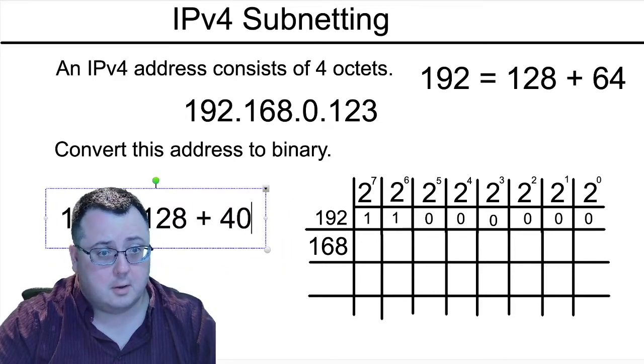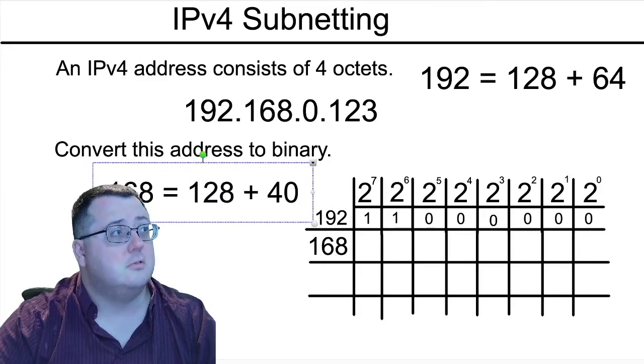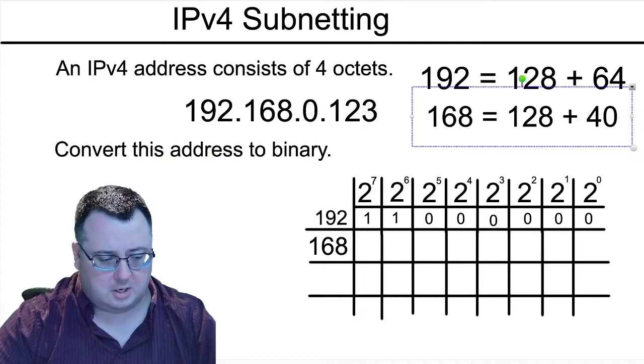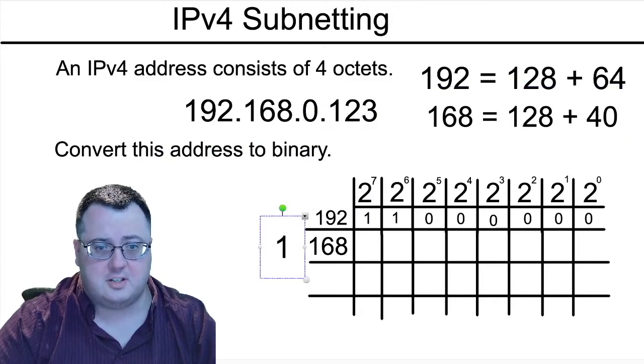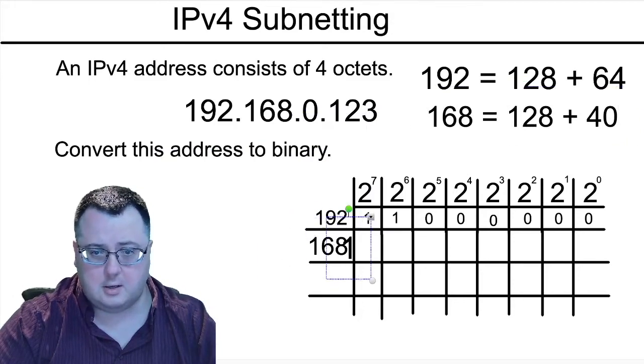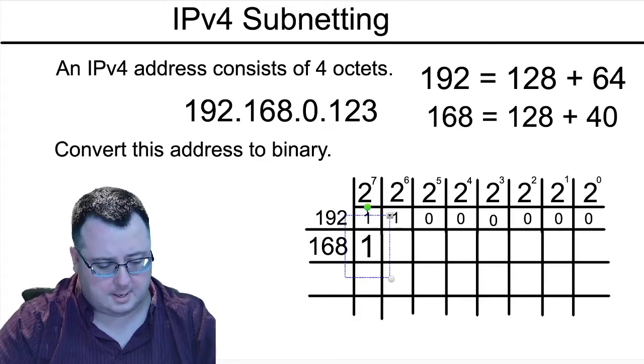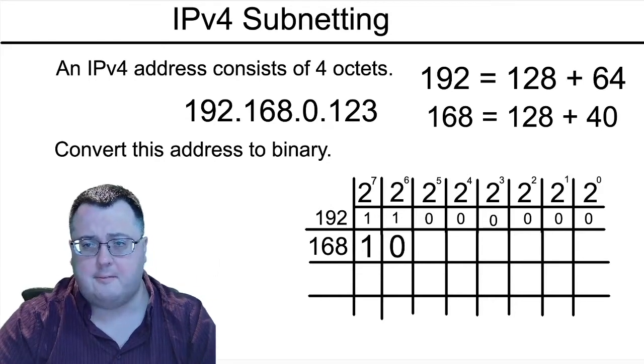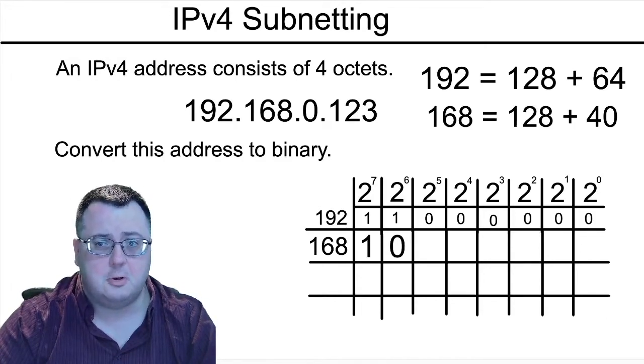That means that we're going to get 1 in the 2 to the power 7 block. We will get a 0 in the 2 to the power 6. What about in 2 to the power 5? Well, 40 can be made up from 32 and 8.